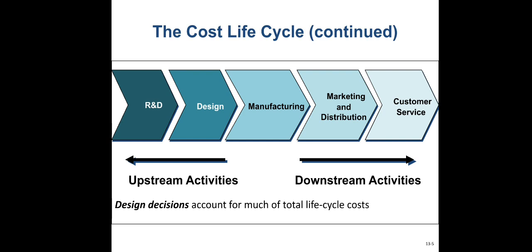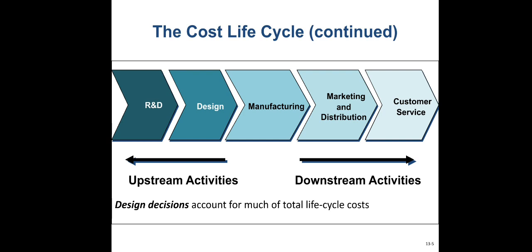After the manufacturing stage, we call the steps downstream activities. And one more thing, see here at the bottom of the figure: design decisions account for much of total life cycle cost.